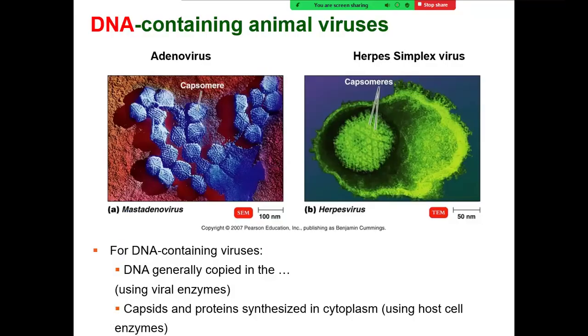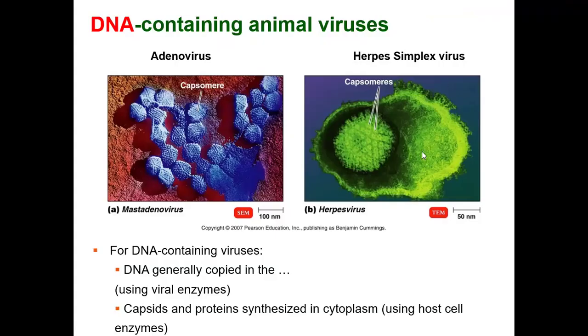Herpes viruses, we've already talked a little bit about them, are DNA viruses. DNA viruses are generally replicated in the nucleus. The capsid proteins are made in the cytoplasm, so the gene will be transcribed in the nucleus, and then the messenger RNA will usually be processed and sent to the cytoplasm, and then the proteins will be translated, making the viral protein codes and any other proteins that the virus needs.